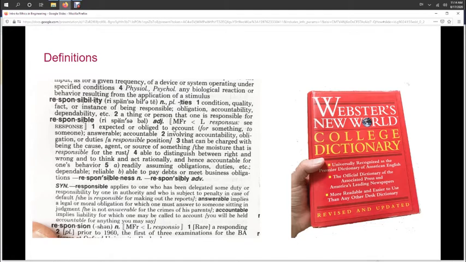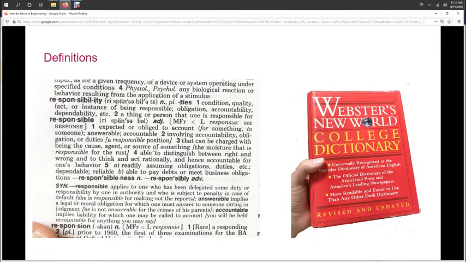As an adjective, it can mean expected or obliged to account for something to someone, answerable or accountable. So it's a person who's accountable for something to someone else, usually a manager or another person. Involving accountability, obligation, or duties, a responsible position.